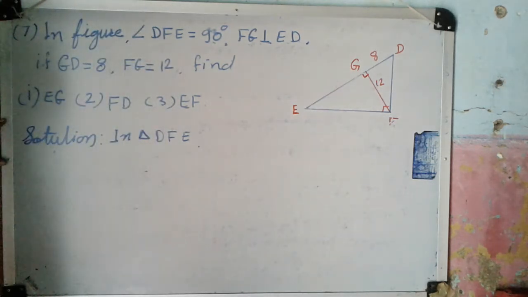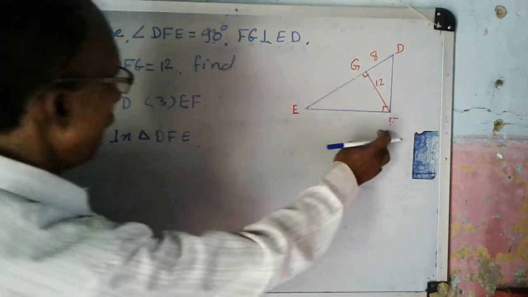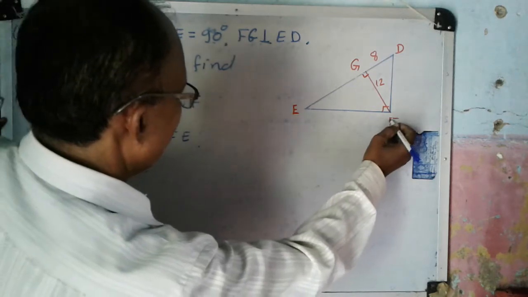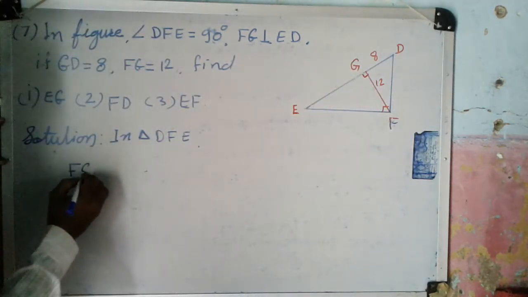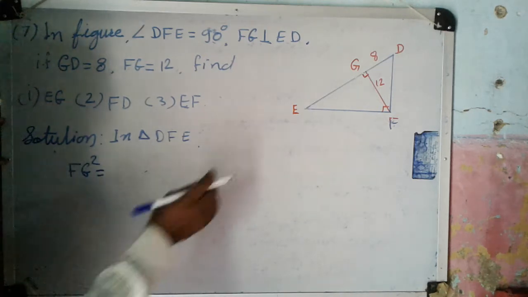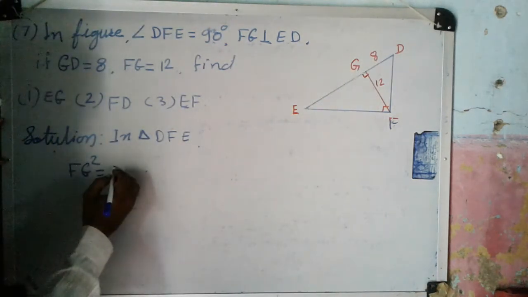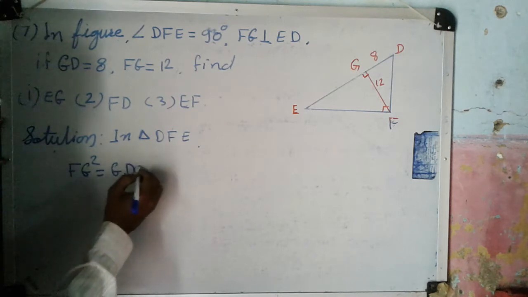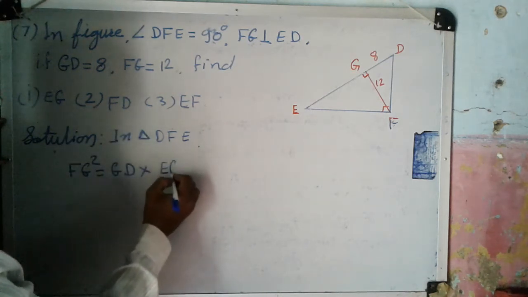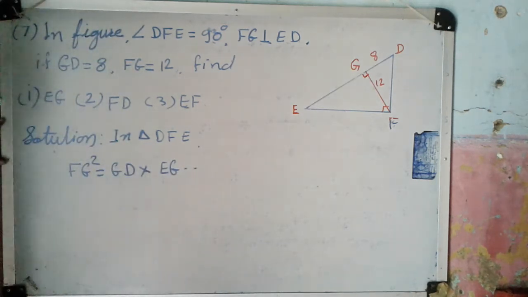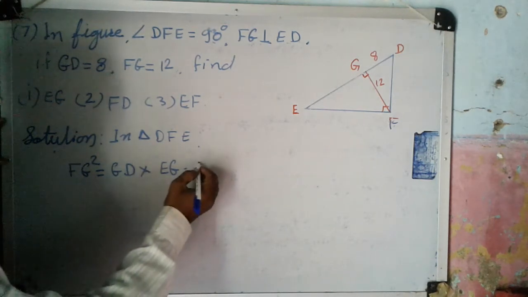So by the theorem of geometric mean, here we get FG square is equal to GD multiplied by EG.